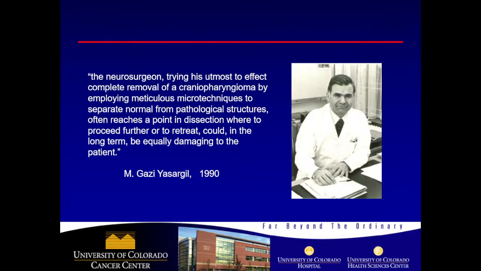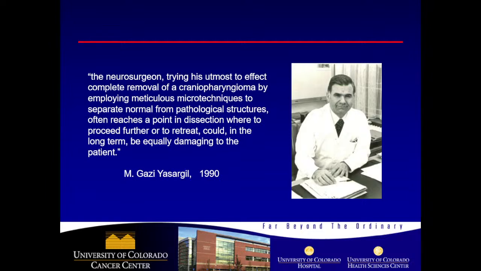His statement was: the neurosurgeon trying his utmost to effect complete removal of a craniopharyngioma by employing meticulous microtechniques to separate normal from pathologic structure often reaches a point in the dissection where to proceed further or to retreat could in the long term be equally damaging to the patient. And this is probably one of the most superb microneurosurgeons in the world. So craniopharyngiomas clearly are a formidable lesion.